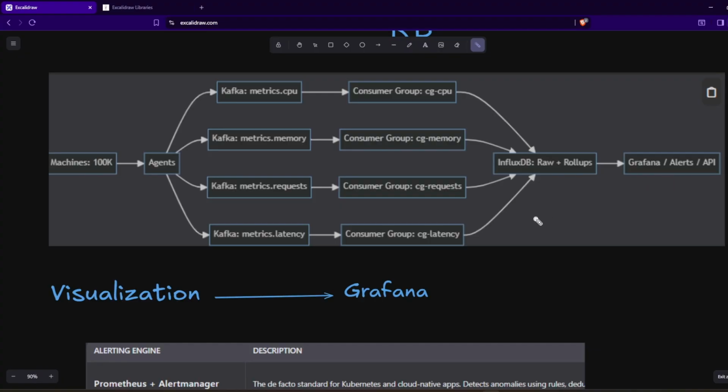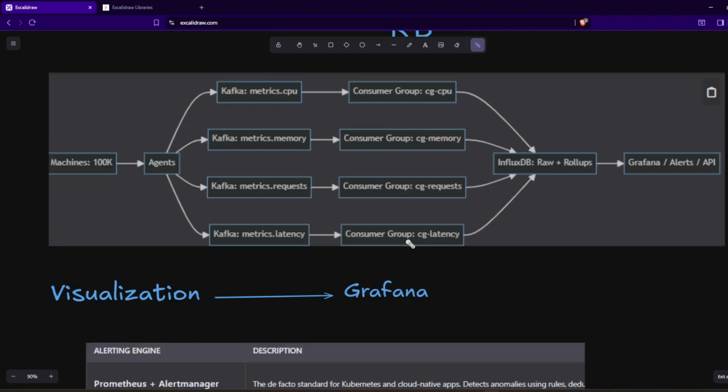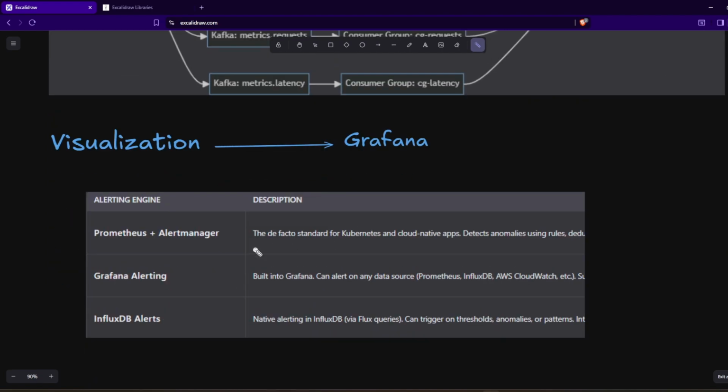Okay, and another important part is the alerts. So what exactly are alerts? Suppose there is a certain metric. Suppose my CPU usage is above and beyond 90% for the last 2 minutes. That is definitely a very big concern, right? So for that, we have a built-in alert manager. For example, InfluxDB has something called InfluxDB alerts, which are written on top of Flux queries.